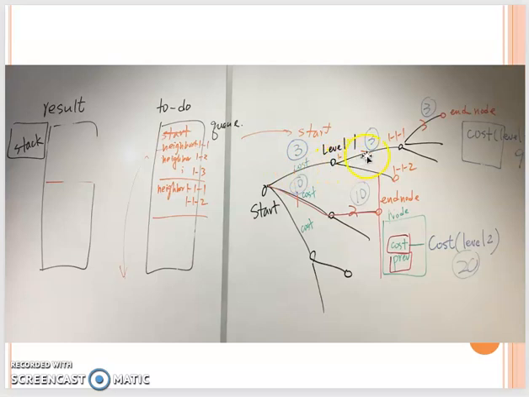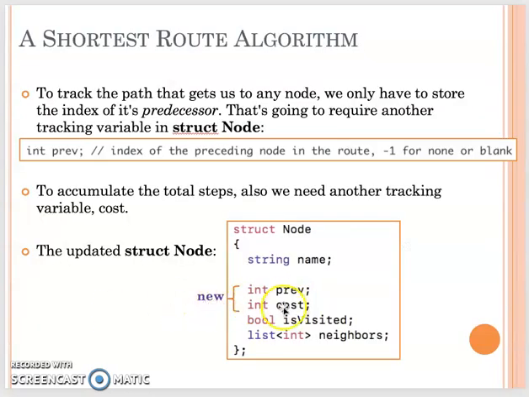So then again, you see when we going out to find the level 2 neighbor, so then their cost also will be added by 1. So that's the cost we mean here. So the cost, that means when we start building the route, what is the cost from the start node to this node? So that's our new node struct, right?